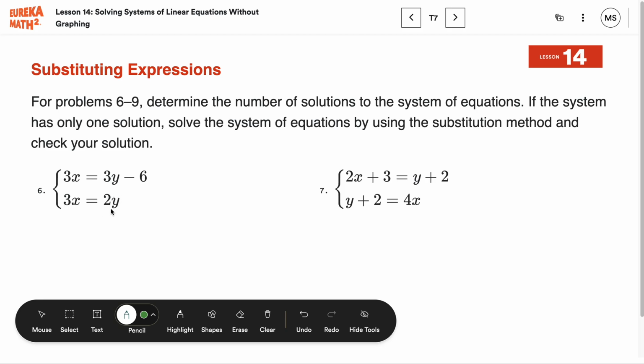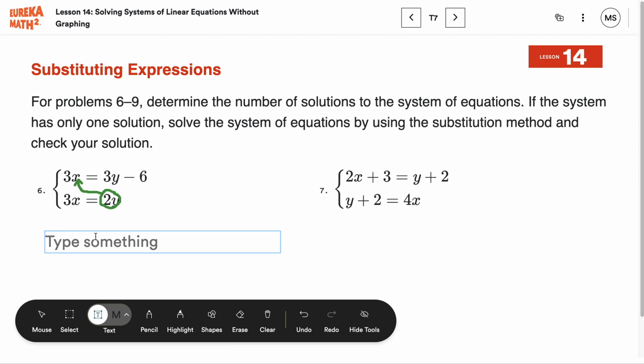If 3x and 2y are the same thing, I can just put this in for this. I know it might sound a little crazy, but that is what this means. These equal signs are literally telling us these things are equal. So instead, I could write this as 2y equals 3y minus 6. So from here, I can end up solving for y.